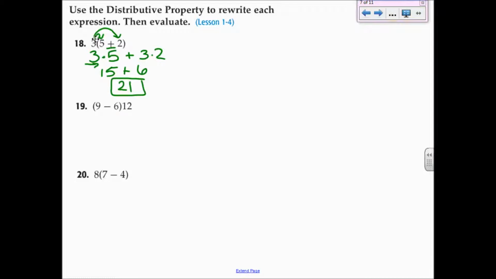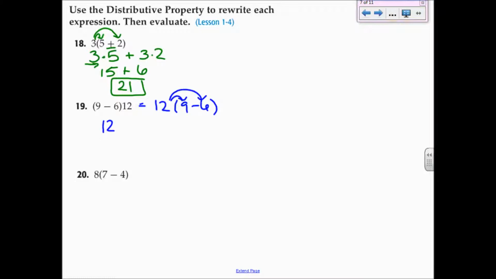In number 19, we have the number behind, which does the same thing, but if you're more comfortable with it in front, you can always just switch it to the front because the commutative property says order doesn't matter when you're multiplying. So we'd have 12 times 9. The sign in between is minus.